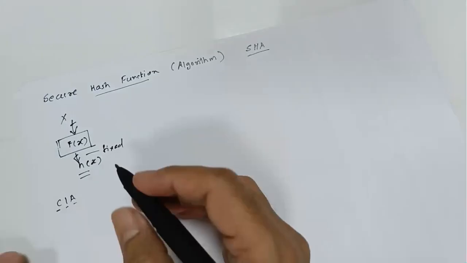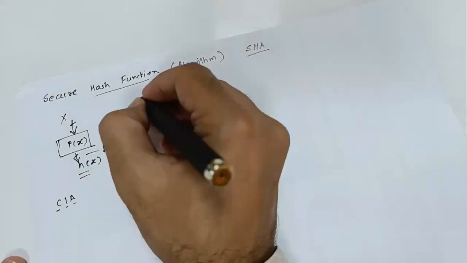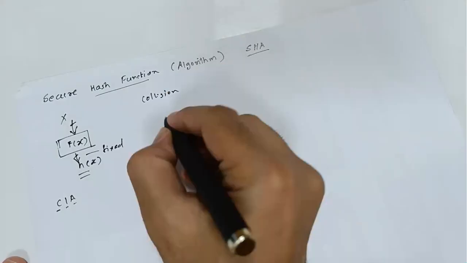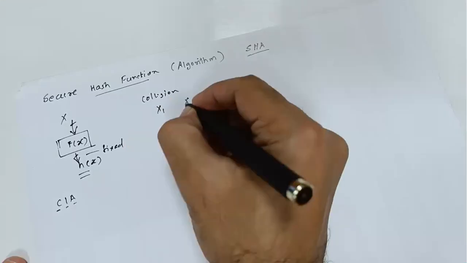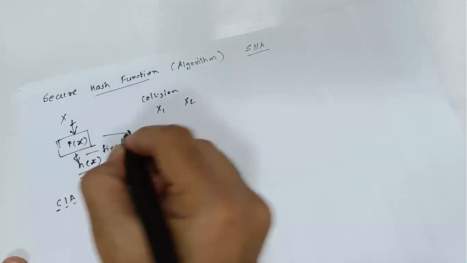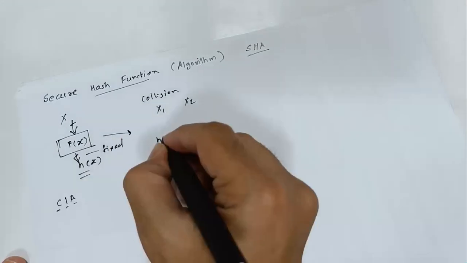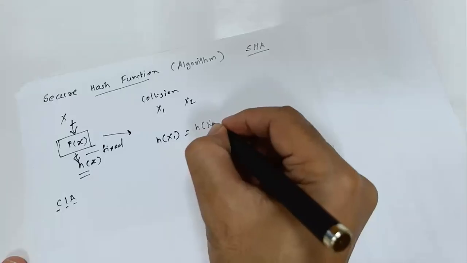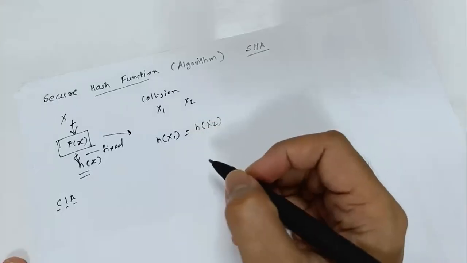But there are a few problems with the hash function. You have to check the collisions. What is a collision? Suppose there are two different inputs. If this function produces the same hash for both the inputs, then there is a collision.